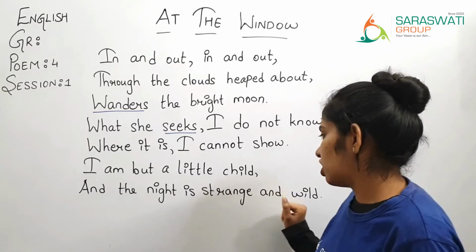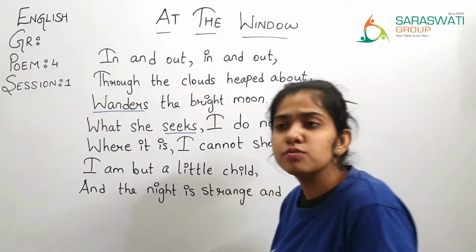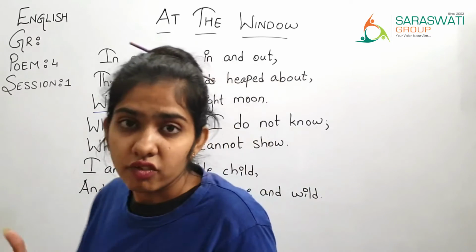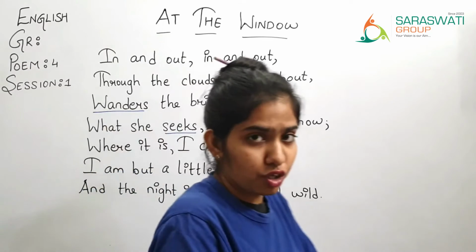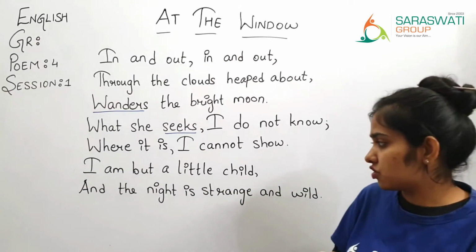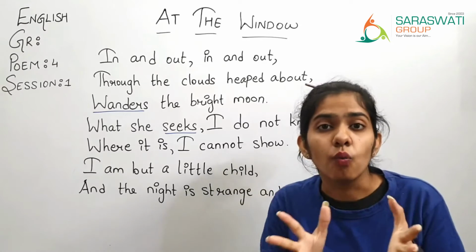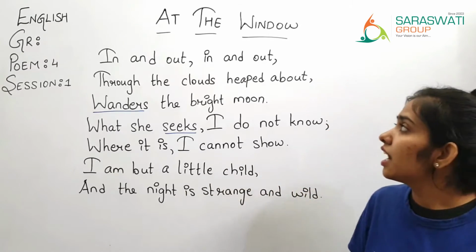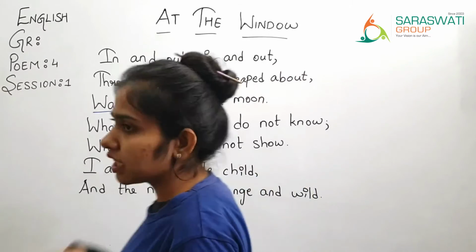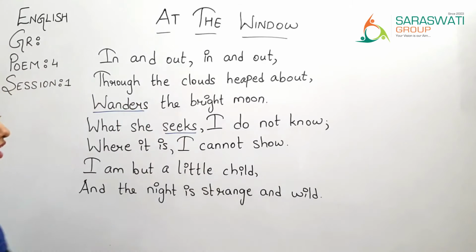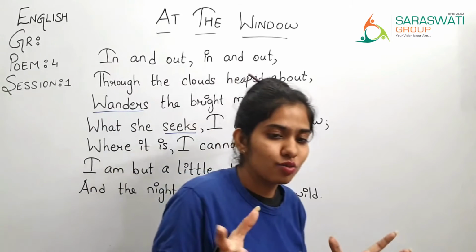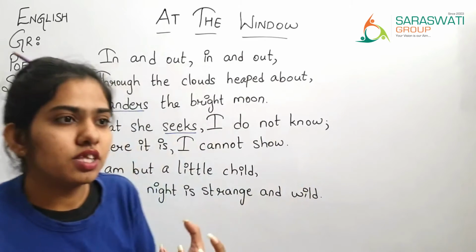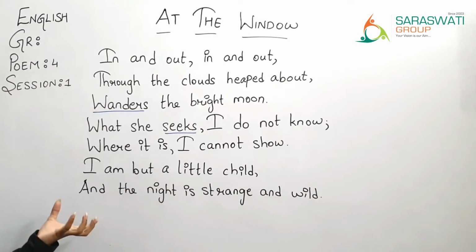And the night is strange and wild. And રાત છે તો એકદમ strange, એકદમ we don't know what is going to happen, and એકદમ wild હોય છે, right? અંધારું હોય છે. So the poet is saying this night is strange and wild. So in and out through the clouds whipped about wonders the bright moon. એટલે કે bright moon છે wonder કરે છે, means એ clouds ની અંદર જાય છે ધીમે ધીમે, then again getting out. એ શું કરે છે?